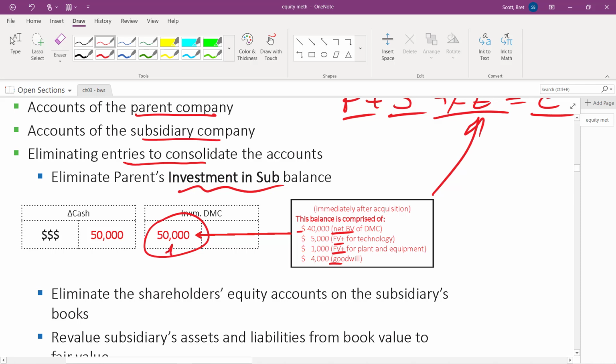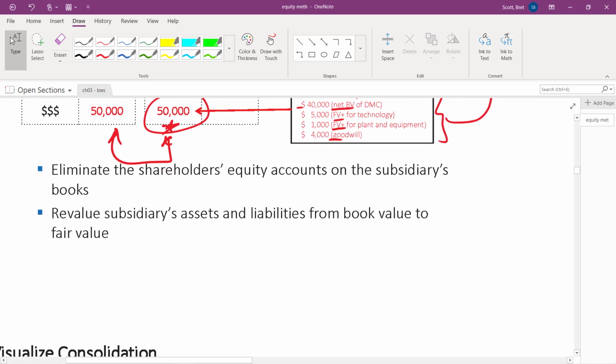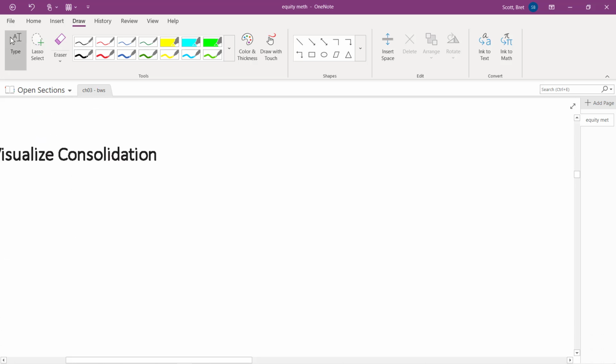So this 50 million right here is comprised of several different pieces that ultimately we will want to take into account when we're doing our topside elimination entries. That's why before, when I said the journal entry is pretty simple, when we get the journal entry, the investment in the company goes down, that's simple, but we need to keep track of what that balance is comprised of because of elimination entries. It's very, very important that we keep track of that stuff.